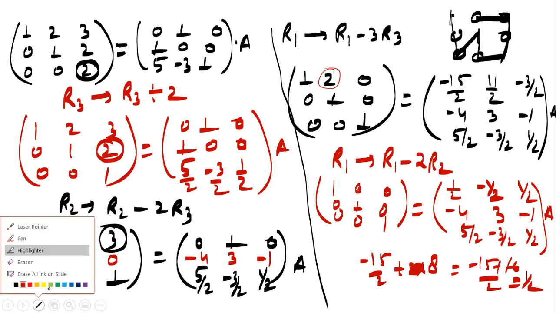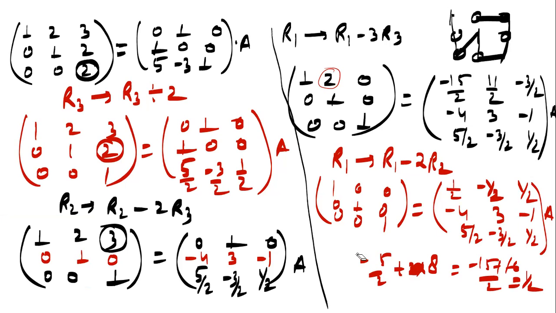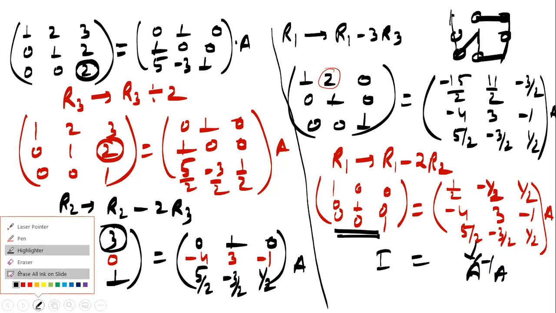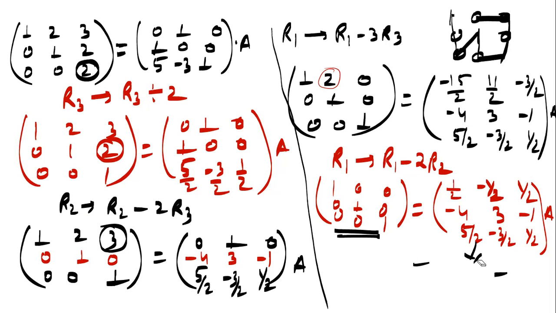What we have observed, we can see in LHS we have got identity matrix. This is identity matrix. So it will be inverse of this. So what is the A inverse? A inverse is, this is A inverse.